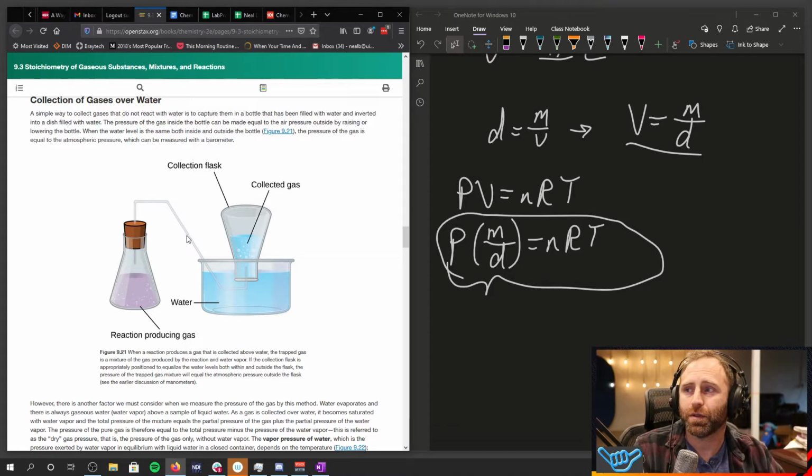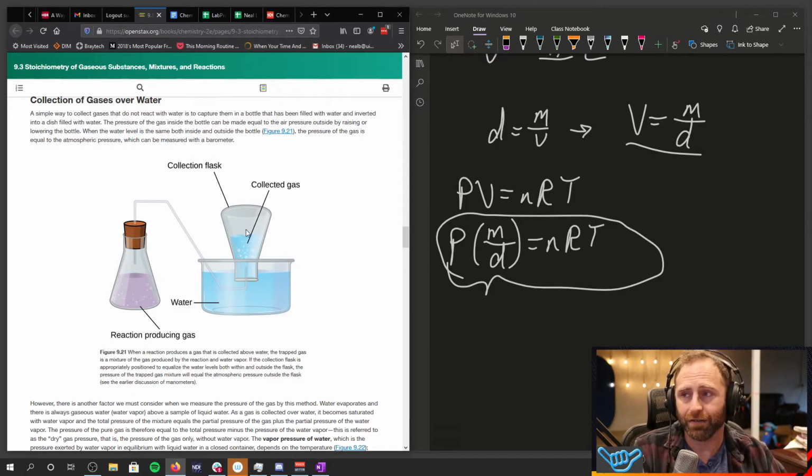The gas goes through this tube and it goes down, down, down, and up into this container. Now, this container was originally filled with nothing but water all the way up to the top. It's just the gas that's getting generated is coming out here and it's pressing out some of the volume of water that was in this container back into this vessel down here. So you can measure the change in your water volume in this container, and that's going to give you a good indication of what the volume of your gas is.